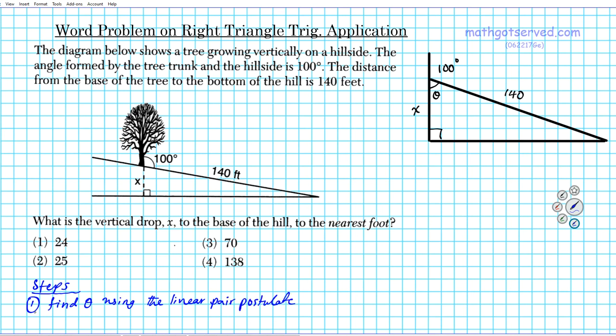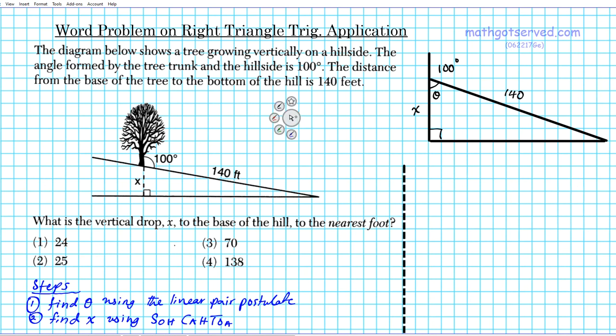And then after that, we're going to proceed to find x using right triangle trig, or SohCahToa. Okay, so let's go ahead and get started. For the first part, what are we looking for? Find theta. So part one, find theta.